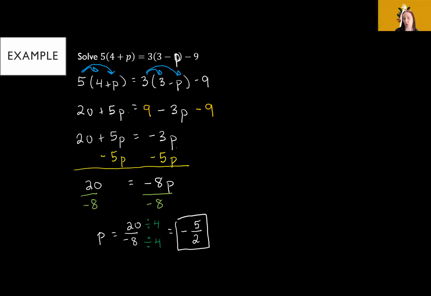Converting it to a mixed number is more work. We don't need to do it. There is nothing wrong with an improper fraction. And if you try to make it a mixed number, it will actually be marked incorrect in Connect Math, because we just don't do that when we're solving algebra. It's more work that's not necessary. So you just leave it as the improper fraction. That's the best way to give your answer.